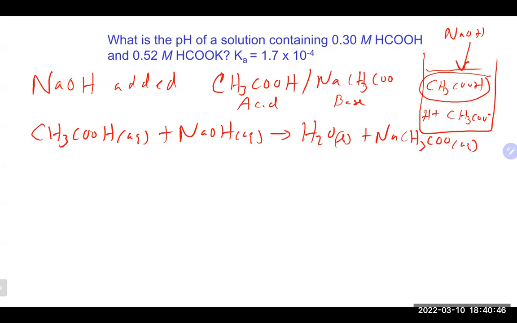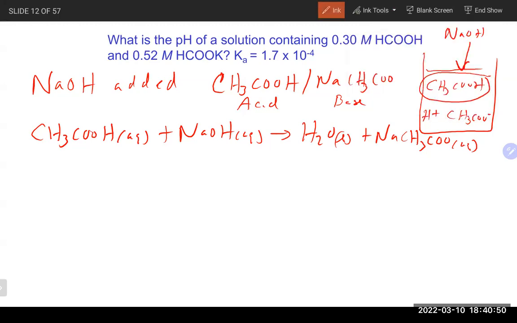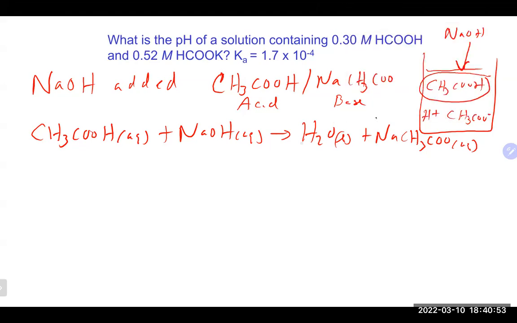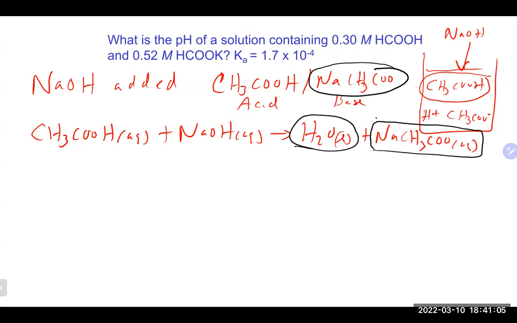Again, when we look at how this reacts with the buffer and we see what we produced over here, we clearly produce water, which shouldn't screw up the pH. Just like in the other case, we actually produce some sodium acetate, which is part of the buffer to begin with. So it shouldn't mess up the pH all that much.